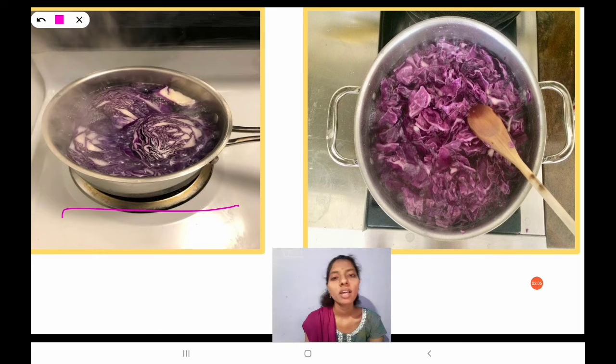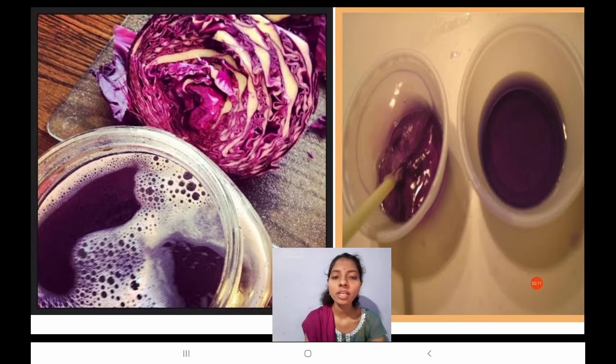Once the solution is ready, we can take it into crucibles, where we can identify the acidic or basic solutions.